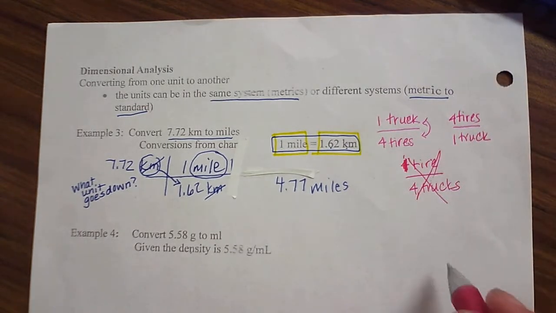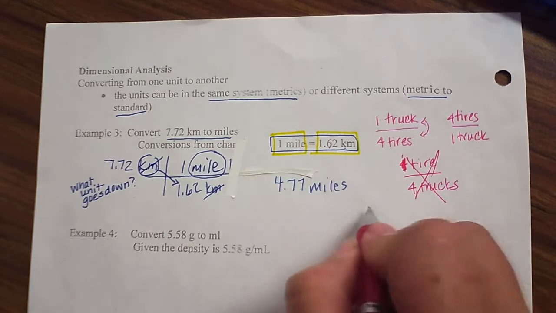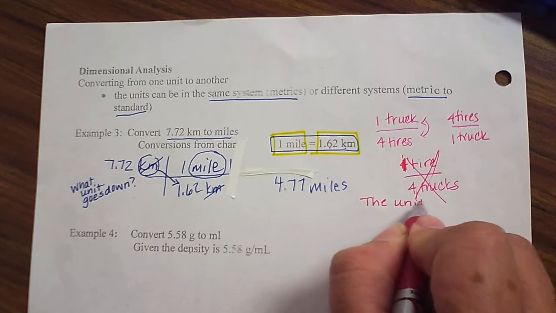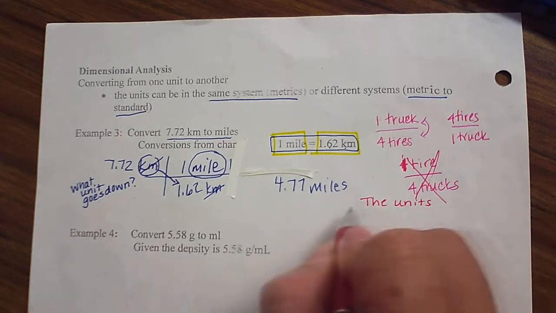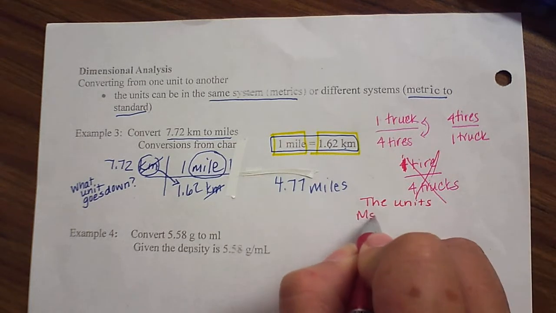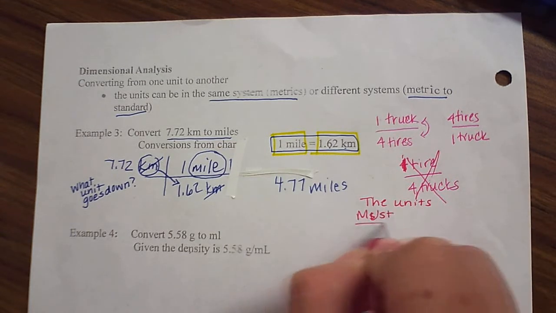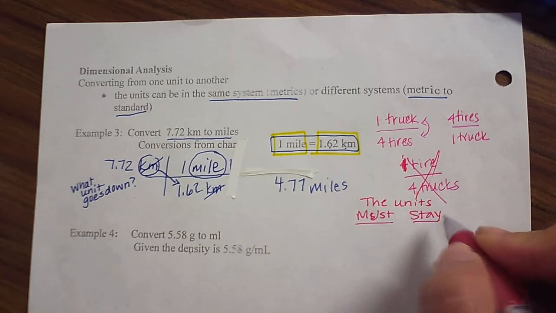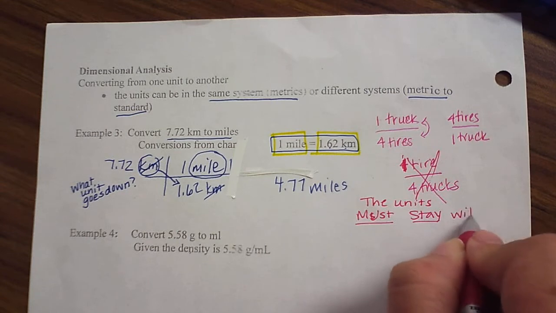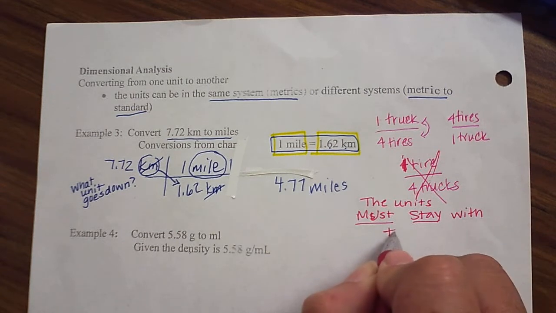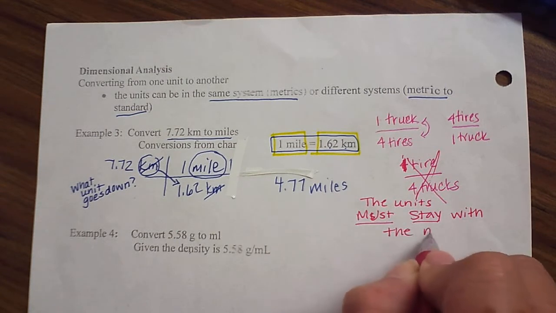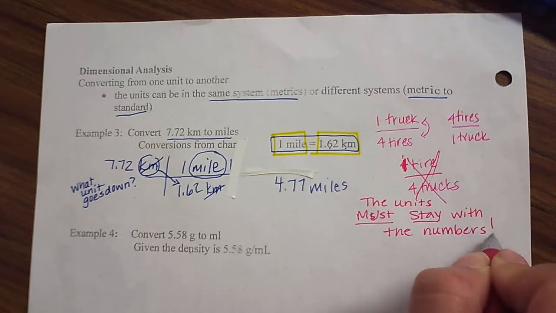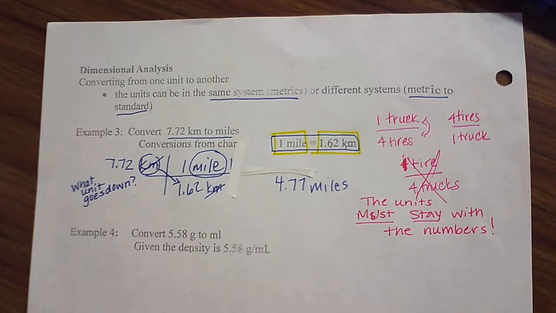And that's not acceptable. So that won't work. So what this means is that the units must stay with the numbers. And this is going to be very important later when things get complicated.